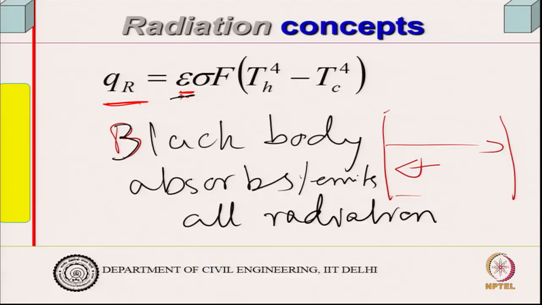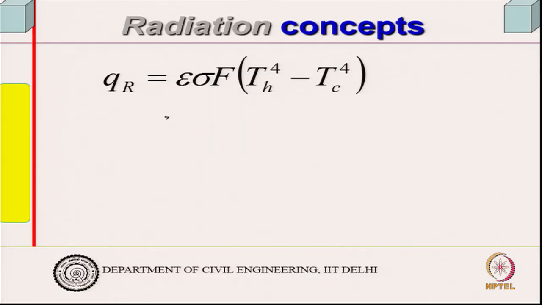Therefore, emissivity is a unitless, dimensionless term, which is basically epsilon. The emission at a given wavelength by the body under consideration, divided by that of a perfect black body. So, this is a fraction, dimensionless.